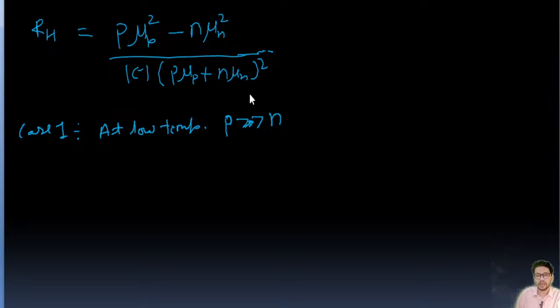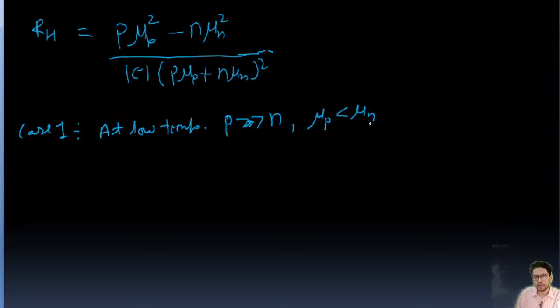And this is given in the question: mu P is less than mu N. This is a p-type semiconductor, and for that we have given the Hall coefficient, right?